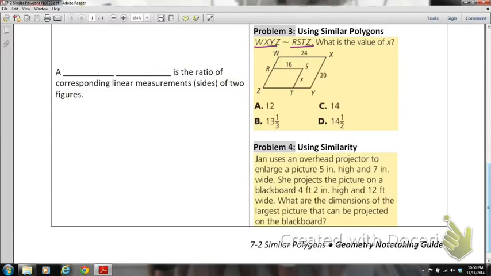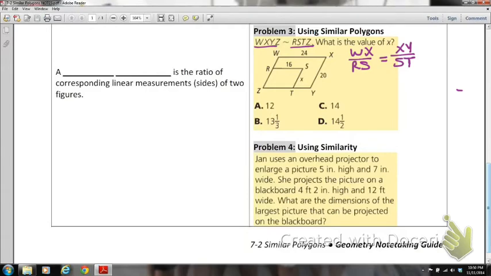So in this, we can put WX corresponds to RS in the inside quadrilateral, and then that has to be equal to the other side on the larger quadrilateral, XY, and that one corresponds to side ST on the smaller one on the inside.